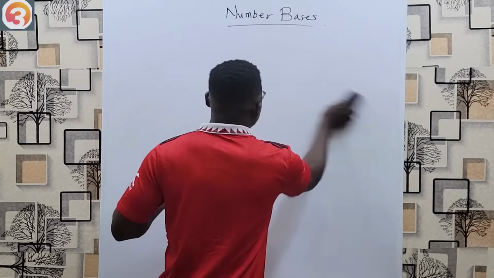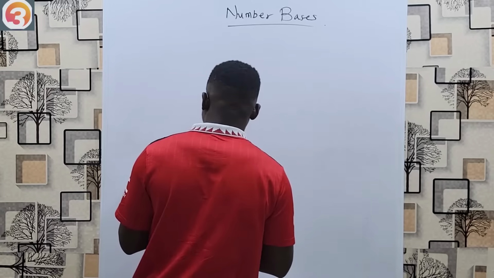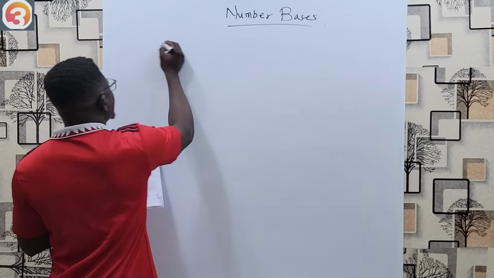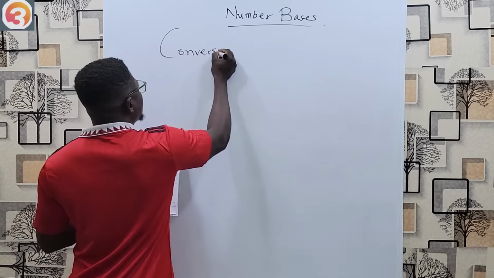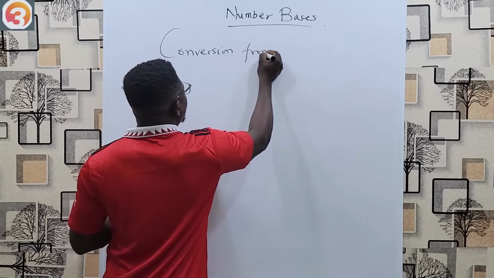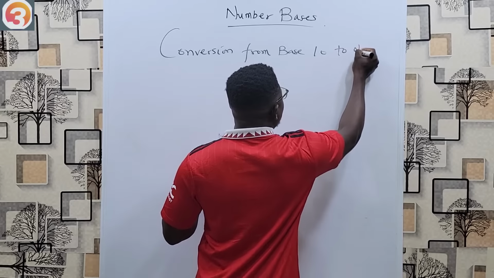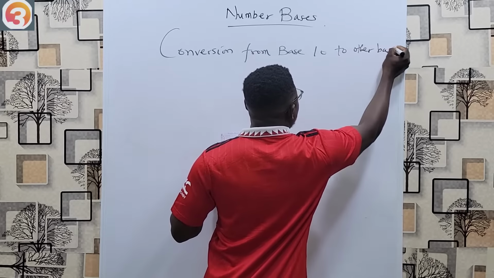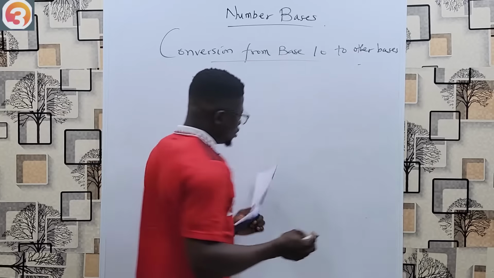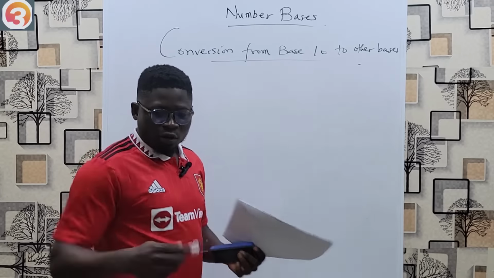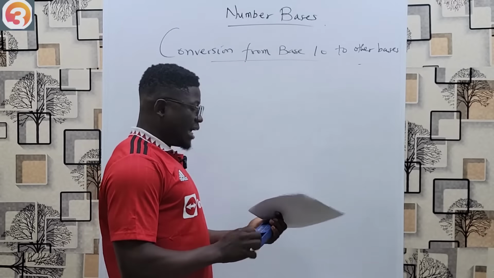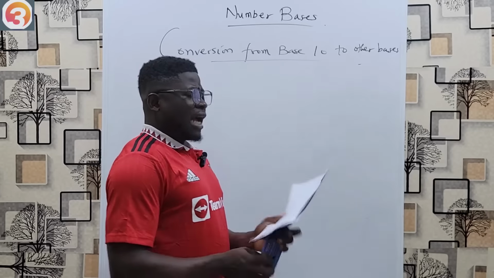So the first part is conversion from a number in base 10 to other bases. Let's see that. This is the first part we are considering: conversion of base 10 to other bases. Now, how do we do this?